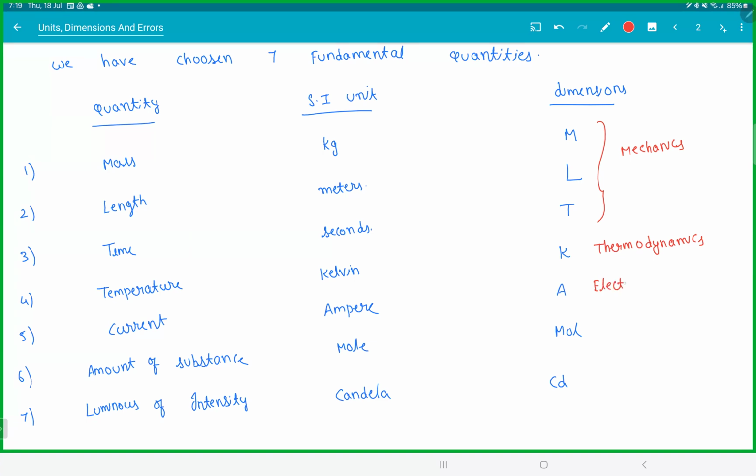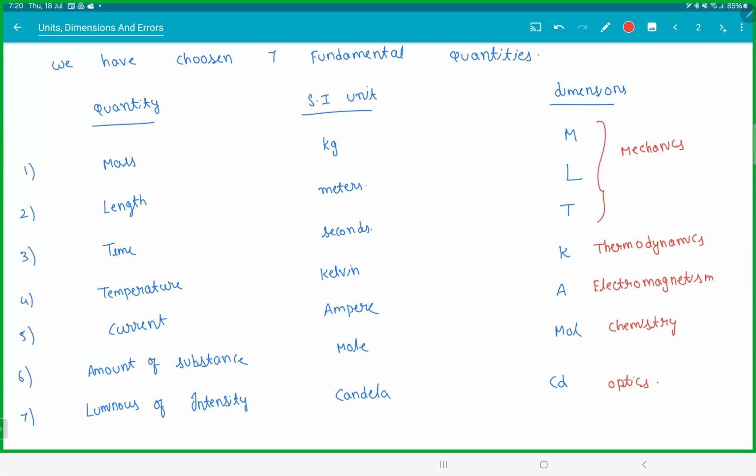You can't explain charges, electric fields, and electric forces with mass, length, and time. So we needed a new one, and we had to bring current into the picture. And this is for chemistry. When you want number of moles and all, you can't explain it with MLT again. This is used in optics. Candela we don't have in 11th and 12th. We don't touch that normally. But the remaining ones we do use. The first six things we use.